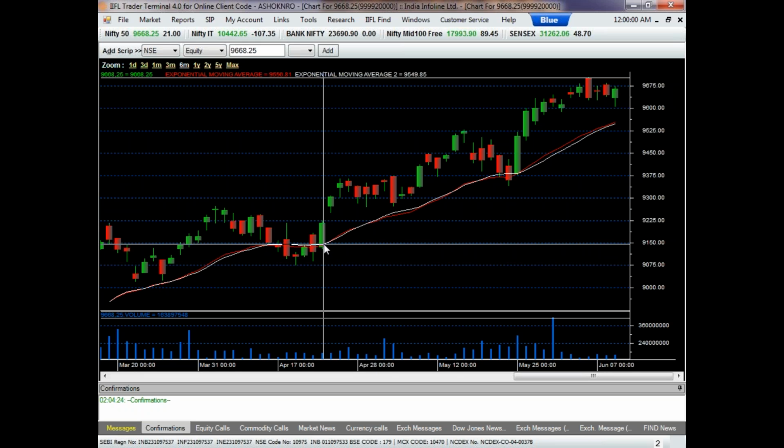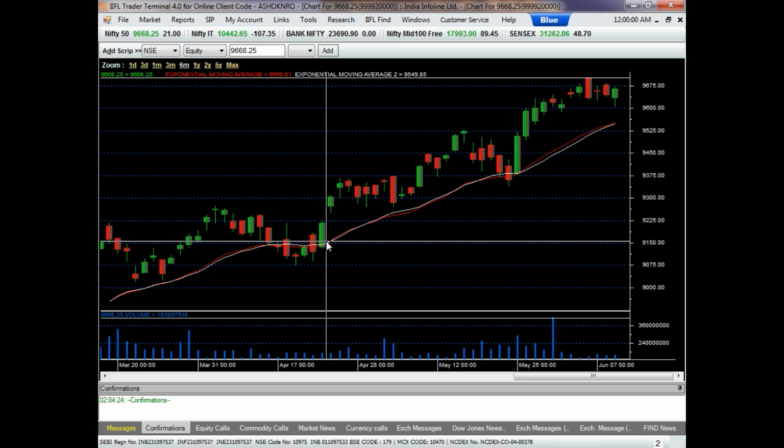When there is a crossover, 9,160 over here. It means that whatever you lose with this particular thing, it will be very less. Usually you'll not be losing with this. However, if you lose also, it is a very meager amount. That is what it indicates over here.